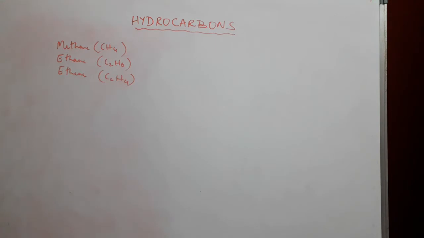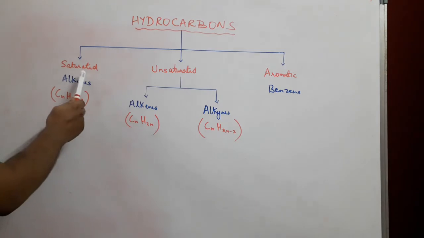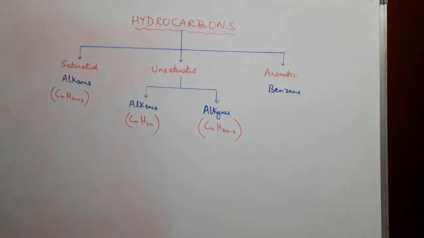Now hydrocarbons, based on their bonding, are divided into three. Let's see what they are. If you have a look at the chart in front of us, hydrocarbons have been separated into saturated, unsaturated and aromatic hydrocarbons.